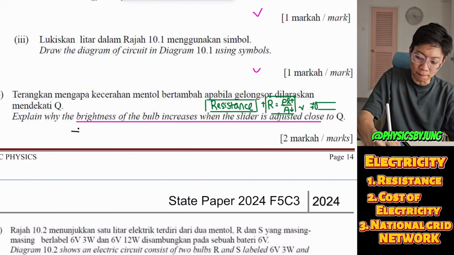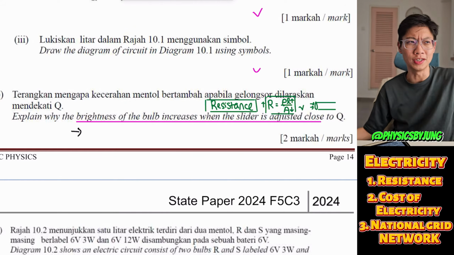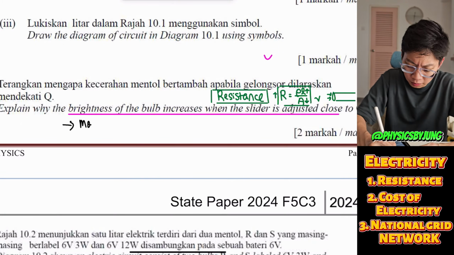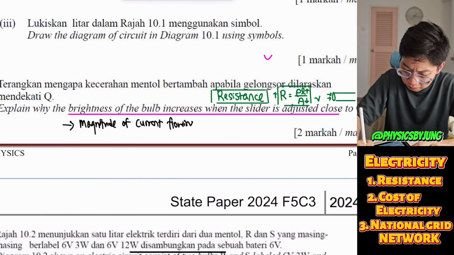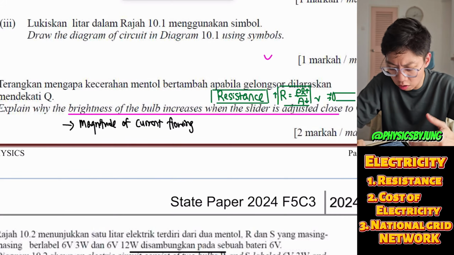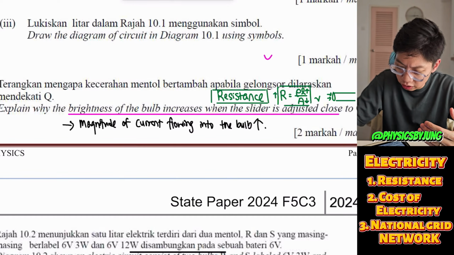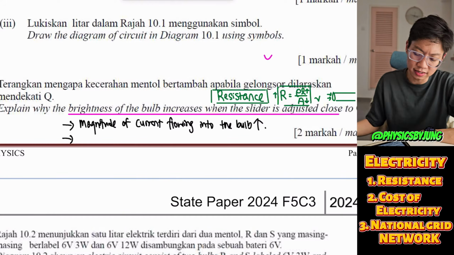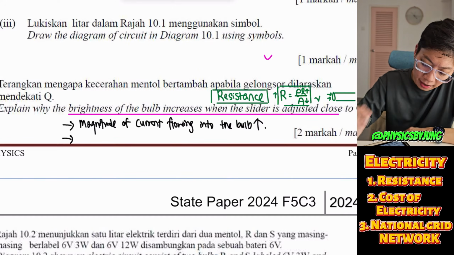They tell you the brightness of the bulb increases. So what caused the bulb to increase in brightness? Obviously the first mark I'll show you: because the magnitude of current flowing into the bulb increases. What's next? If your current increases, then why?